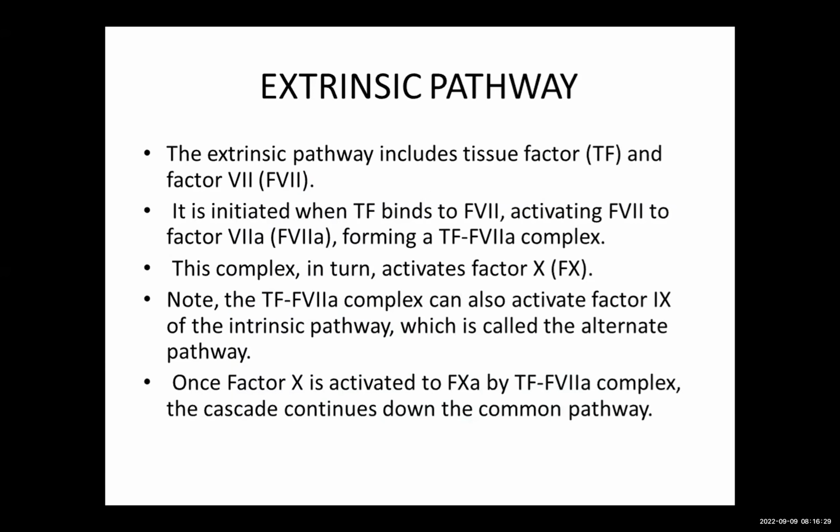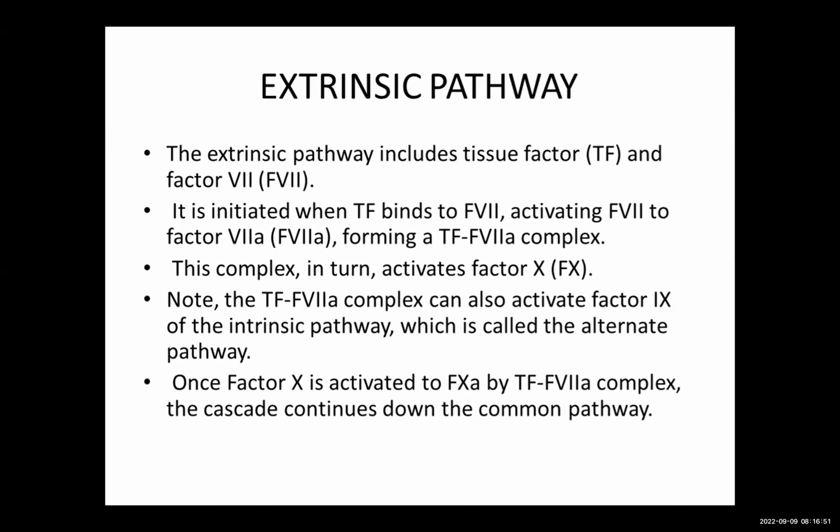Now, for the extrinsic pathway, it includes tissue factor and factor 7. It is initiated when tissue factor binds to factor 7, activating factor 7 to factor 7A, which leads to formation of the tissue factor, factor 7A complex. This complex in turn activates factor 10.